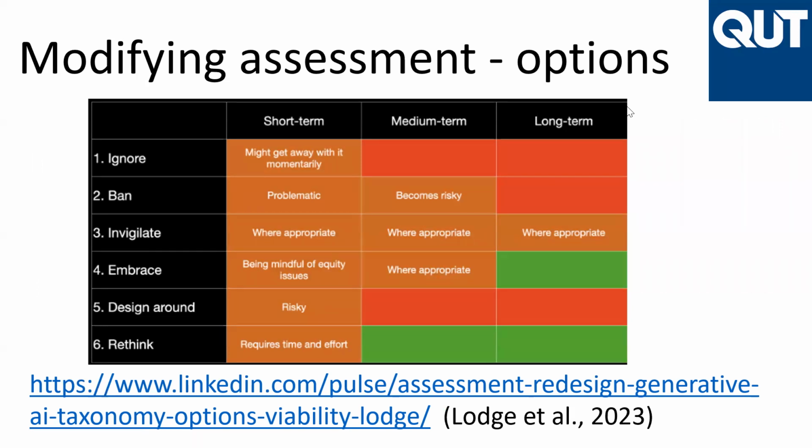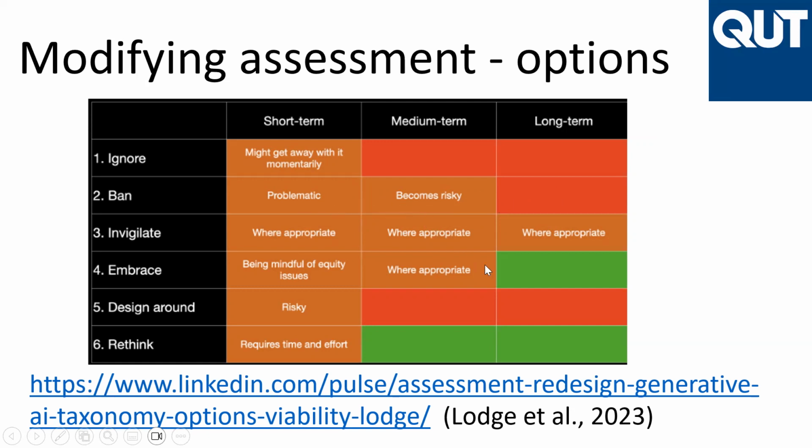So there's a short-term, medium-term, long-term view. If you ignore it, for example ChatGPT, if you ignore that it exists, you might get away with that for a little while. But in the medium term and the long term, that doesn't work. You can ban it, which is in the short term very problematic because detection is a problem.